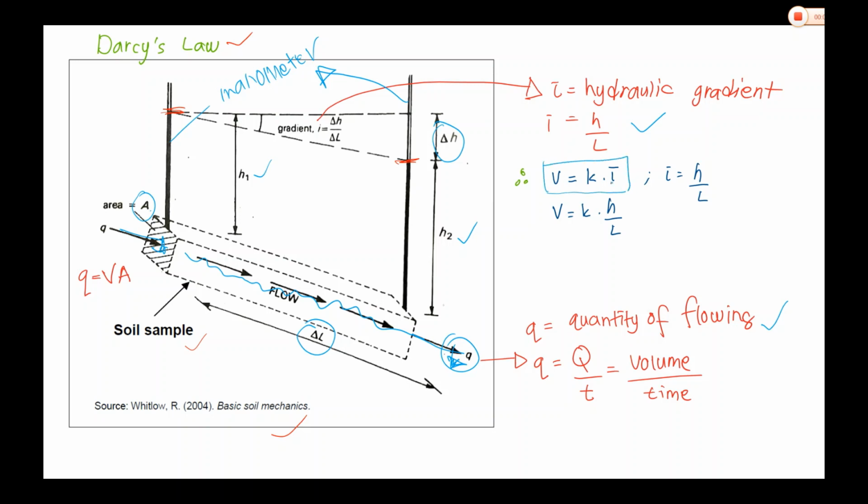Okay, V dia punya velocity, K adalah coefficient, okay, and I is the hydraulic gradient. So I equivalent to H over L. Okay, so when we substitute I with the H over L kat sini, we have V sama juga dengan K H over L. Okay, so nanti kita nak tengok what is the K dekat sini.